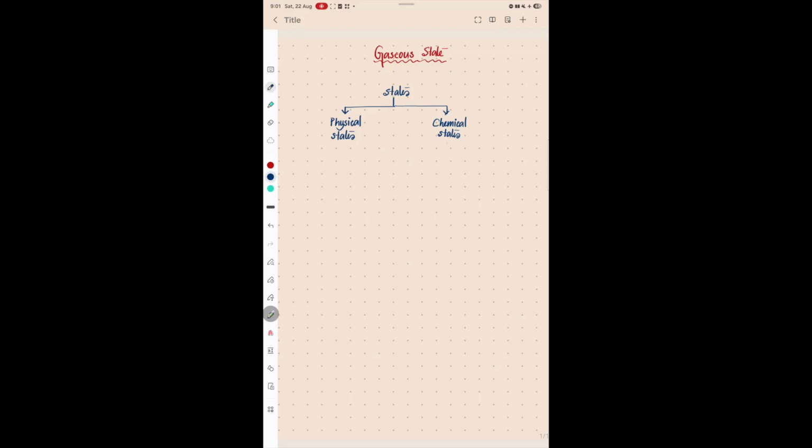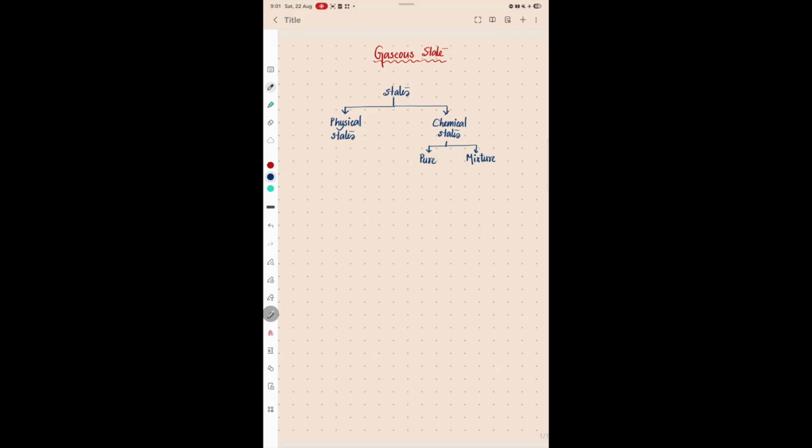Now chemical states can also be divided into two categories. One is the pure state, that is the pure chemical form of any compound. Another is mixture.